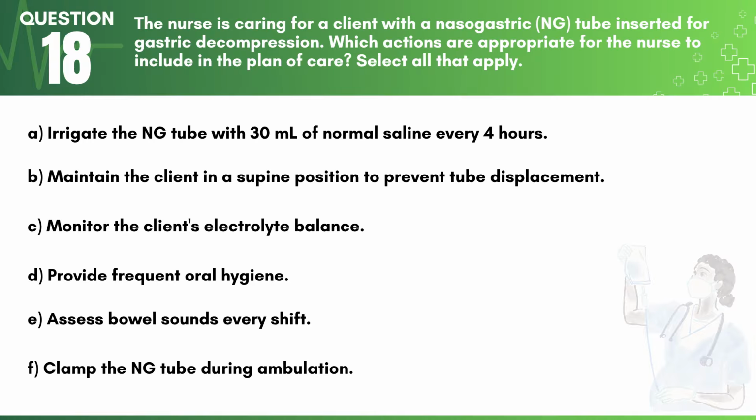B. Maintain the client in a supine position to prevent tube displacement. C. Monitor the client's electrolyte balance. D. Provide frequent oral hygiene. E. Assess bowel sounds every shift. F. Clamp the NG tube during ambulation.